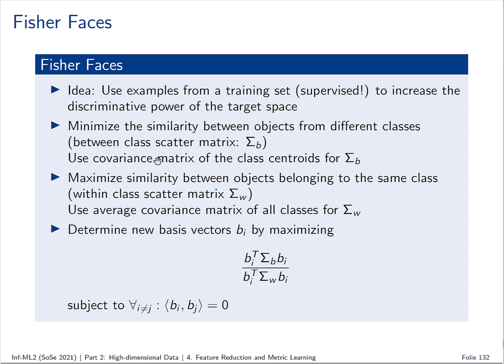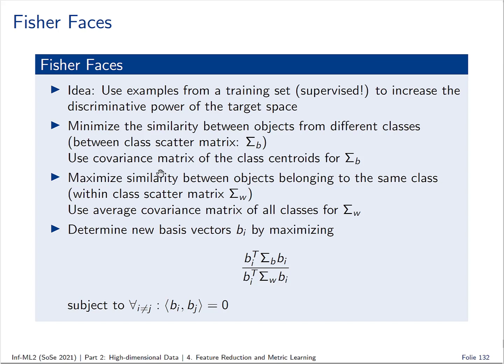The matrix models obviously the directions in which the class centroids, or the classes, can be separated. So we need to have high variance along these directions. So we have to maximize, so to say, these directions that are displayed in this covariance matrix.